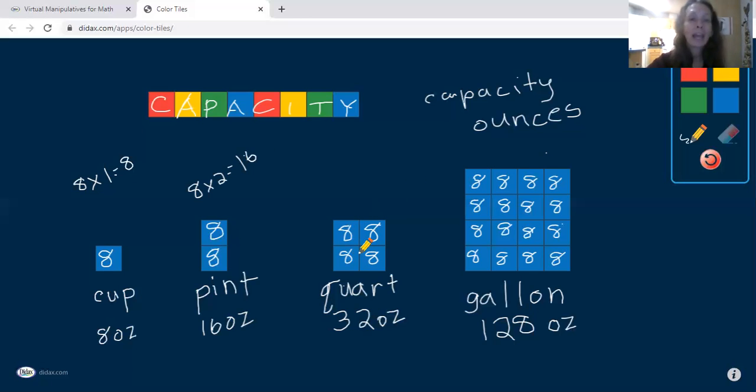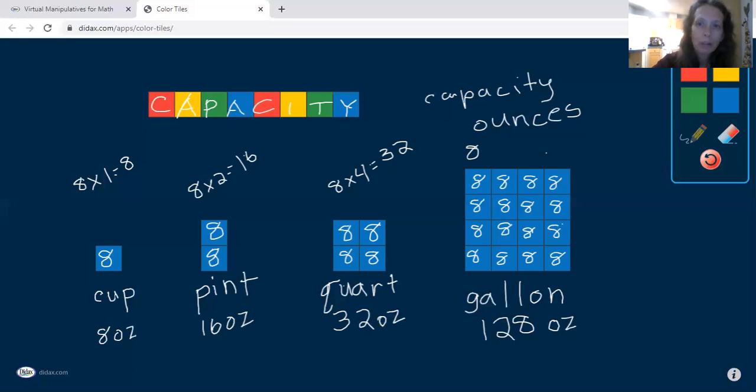I have the number 8 written 4 times. 8 times 4 equals, what do you think? You guessed it, 32. And I have the number 8 written messily, so we're going to write it nicely.